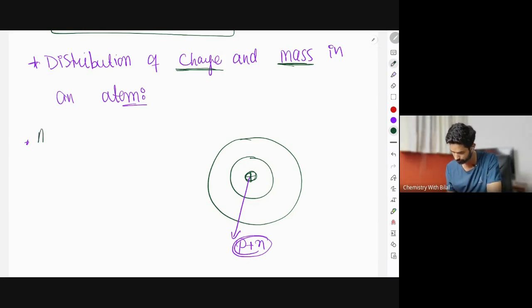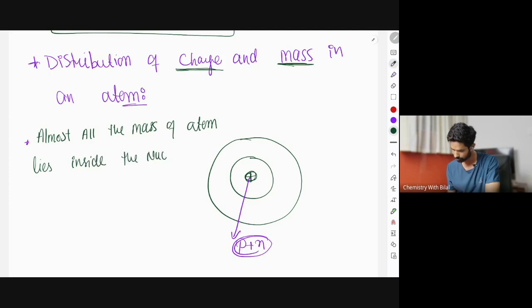So almost all the mass of atoms lies inside the nucleus, because only the nucleus holds the protons and neutrons, and protons and neutrons are 1840 times heavier than electrons. We can say that all the mass of the atom is present inside the nucleus.